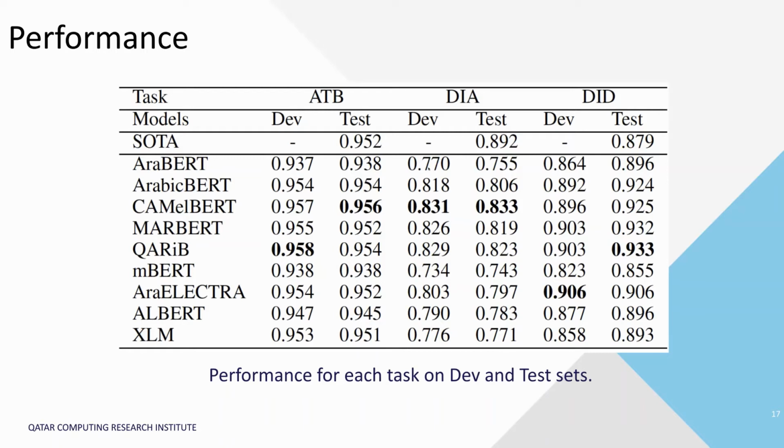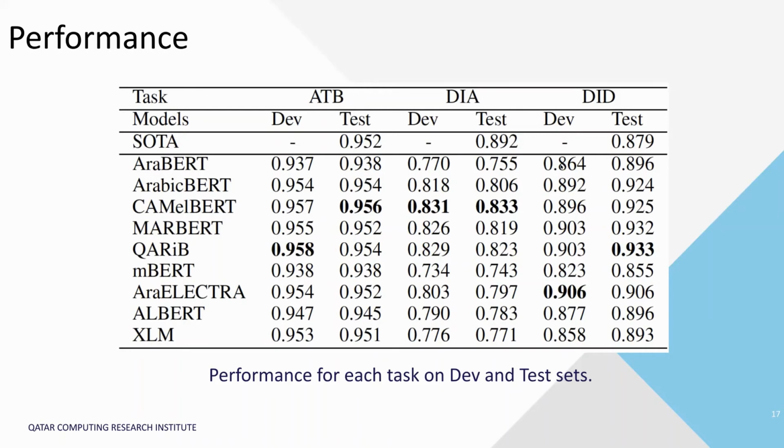For dialect identification, we are in the high 80s. Same thing with code switching, we are in the high 90s. So the numbers look very promising. Some of the models do not perform as well, but this is probably indicative of the data set.